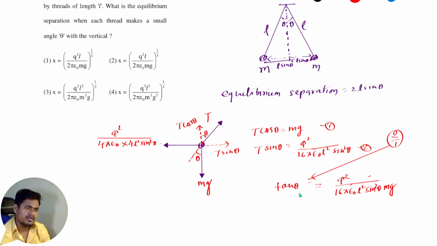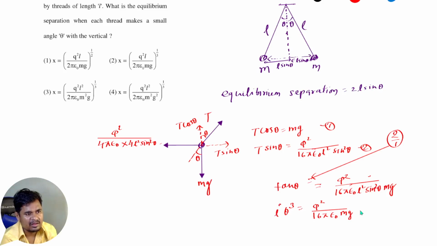So tan theta can be approximated to theta, and sin theta can also be approximated to theta. So basically together this will become theta cube equals q square divided by 16 pi epsilon naught mg L square.